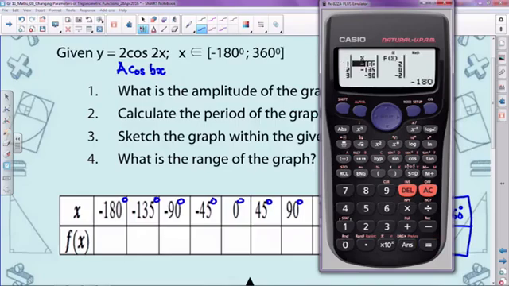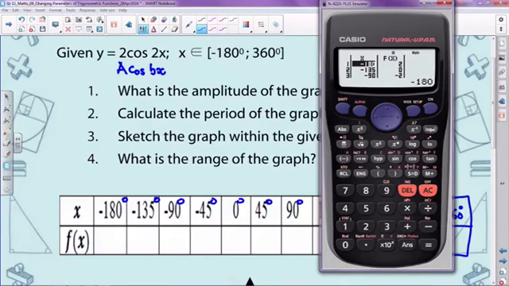Right. Now, if you look at your table: minus 180 and 2, minus 135 and 0, minus 90 and minus 2, minus 45 and 0, and on, okay? Now we need to put these values. I just want to keep them in my head. Minus 180 and 2, and then minus 135 and 0, minus 90 and minus 2.